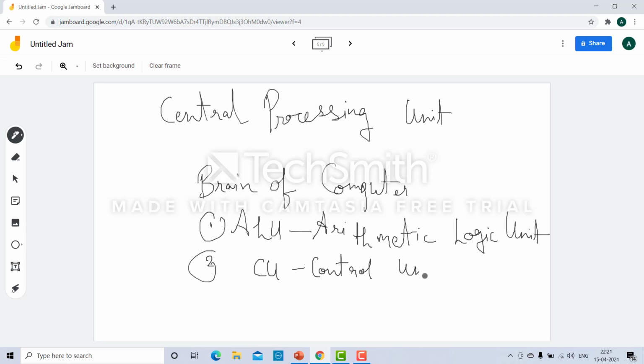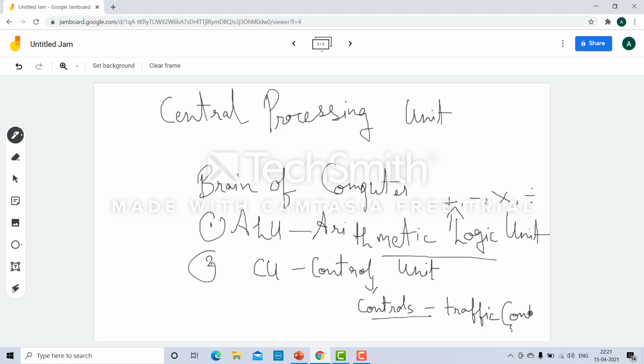Okay, so children, arithmetic and logic unit, this is for the calculation purpose, like add, subtract, multiply, division, okay, and any logical operations. This is performed by ALU. Now this control unit is kind of a traffic controller for the computer system, children.